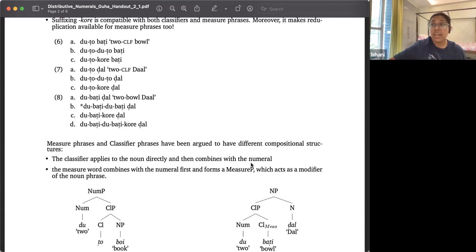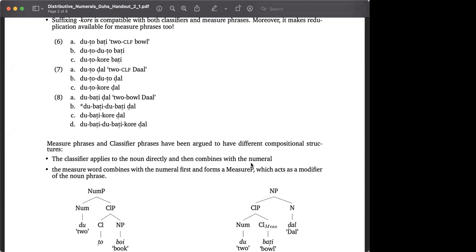That was puzzling to me, because I was expecting that this wouldn't happen. But the thing is that they also have this optional classifier tane. So they can say which tane book. Tane is an optional classifier. And if you want to add distributive morphology, you add it before tane, right?